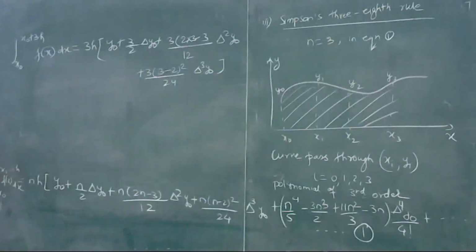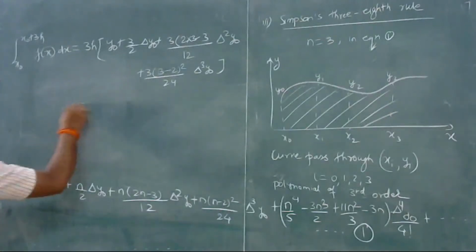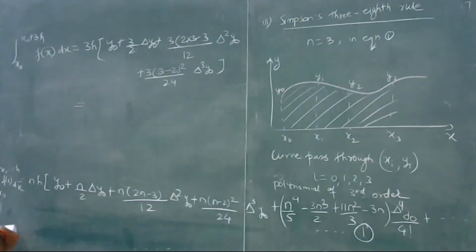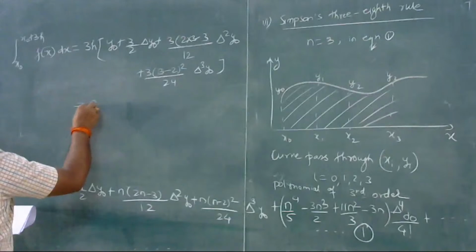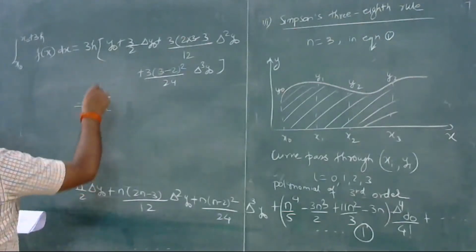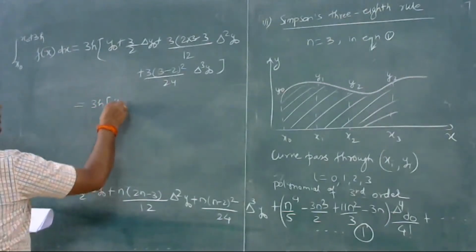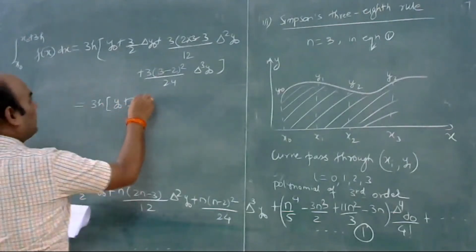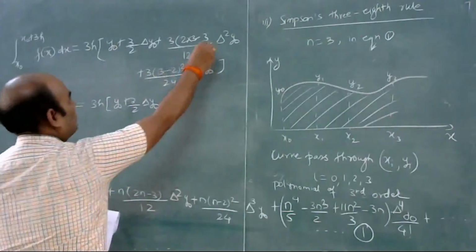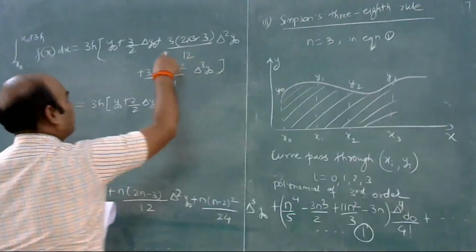Higher order terms become 0. On solving this, you will get 3h times y0 plus 3 by 2 delta y0.